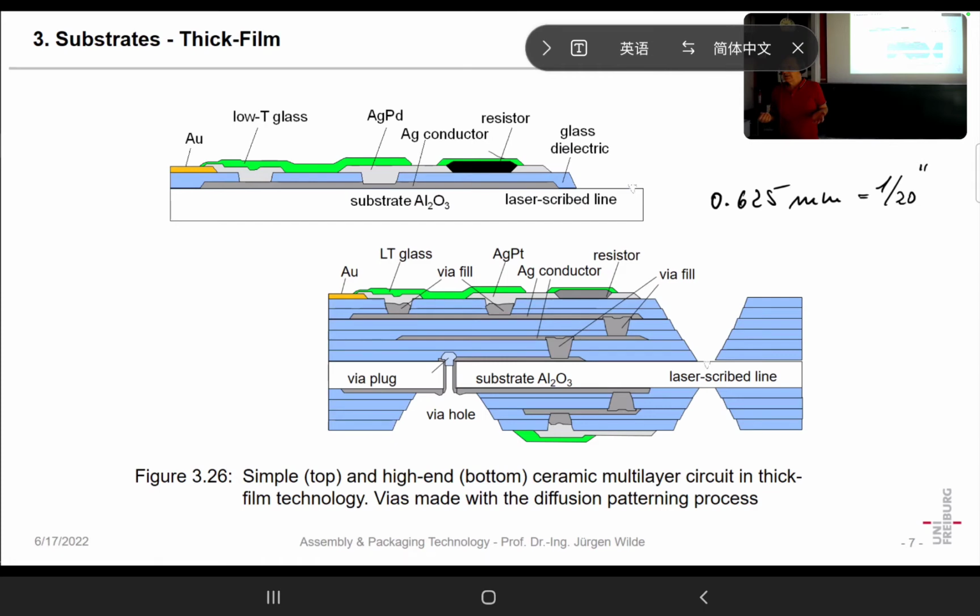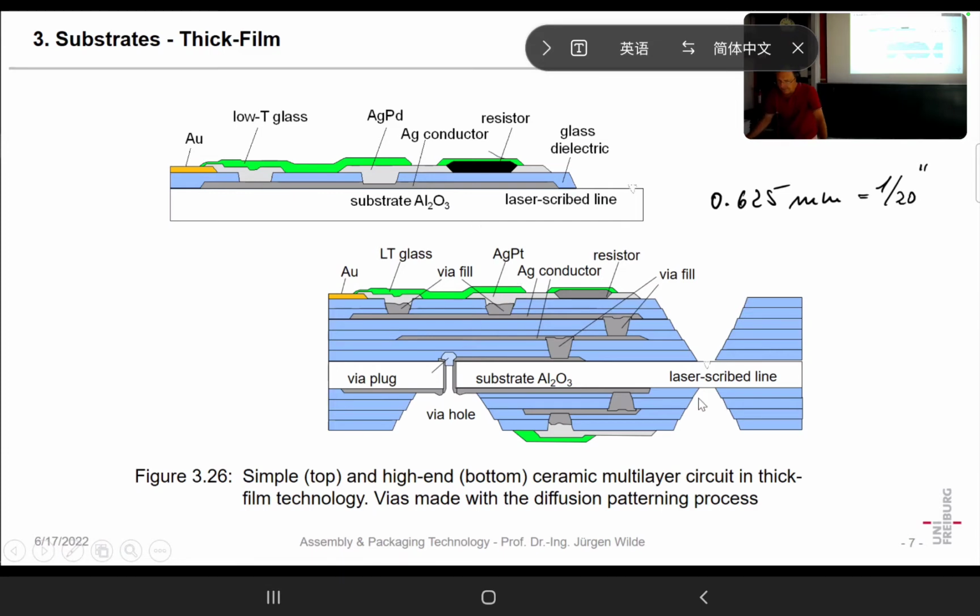It can dissipate more heat, or maybe it's better to say for a certain heat it dissipates, it is less increased in temperature. And as all resistors are temperature dependent, it's a good method or a good strategy to achieve high precision resistors. Of course, the material is also important, as we will still see in this lecture.